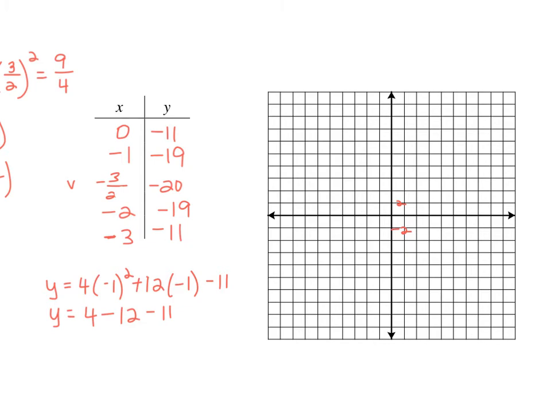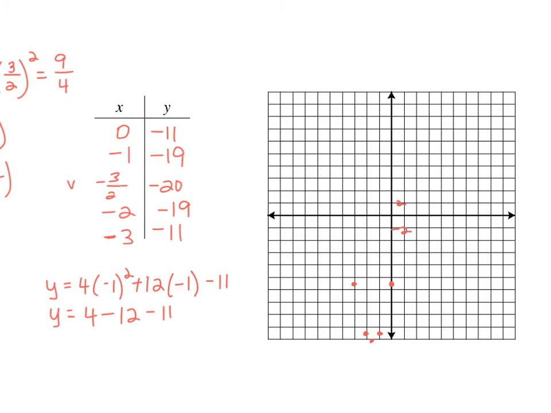So I've got 0, -11, which will be right here, and then -1, -19, which will be right here, -1.5, -20, right here, -2, -19, right here, and -3, -11 right here. So I've got a really narrow parabola. I could have scaled my x-axis by something other than 1s to spread this out just a little bit more, but those are my points nonetheless with the scaling that I chose.